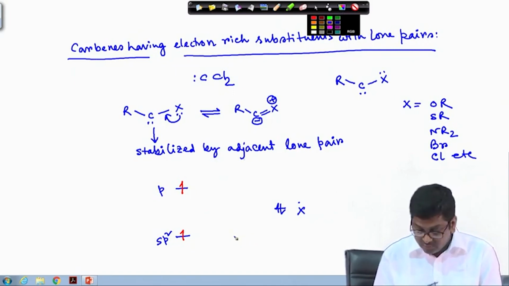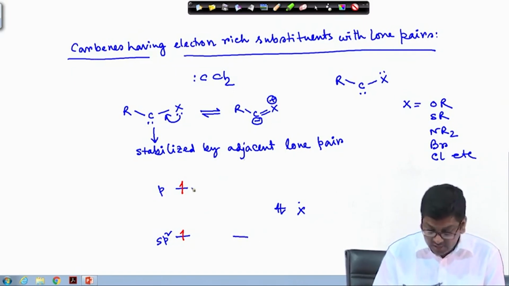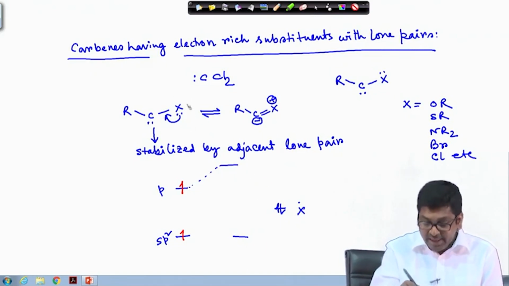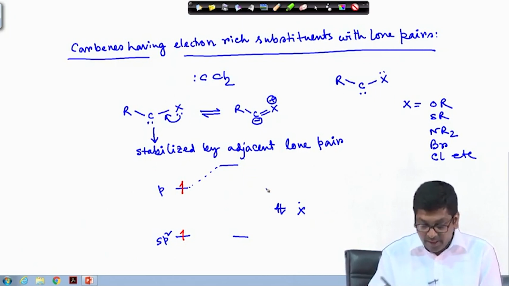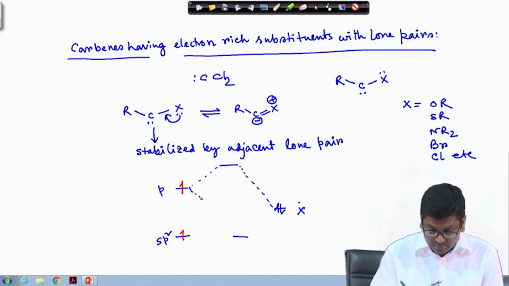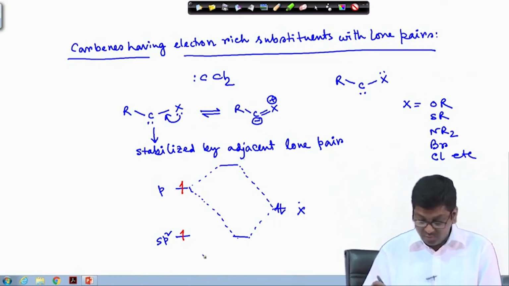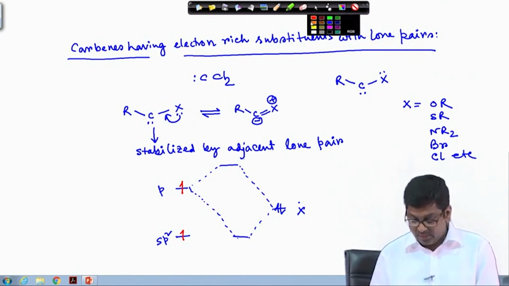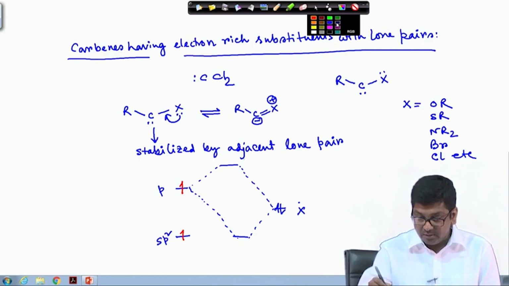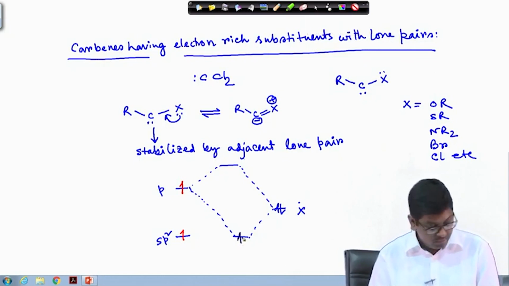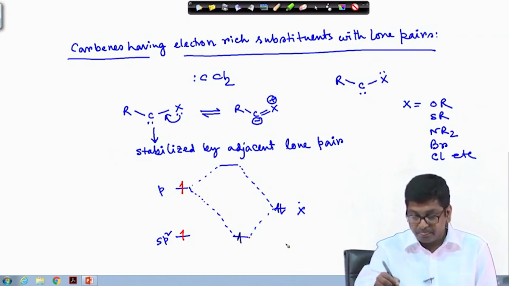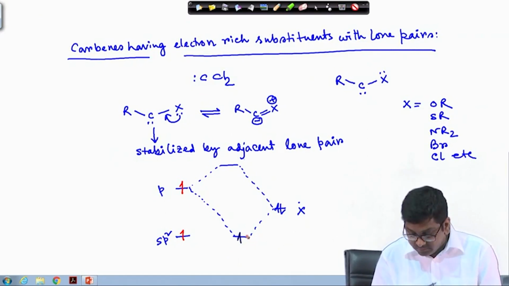Okay. How is it? Now, we will see. So, this is like this. Now, this lone pair of this X can be given to the vacant p orbital. Okay. So, now we will see how these things can be filled up.